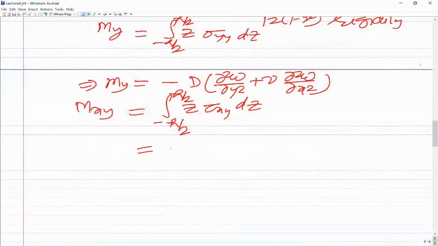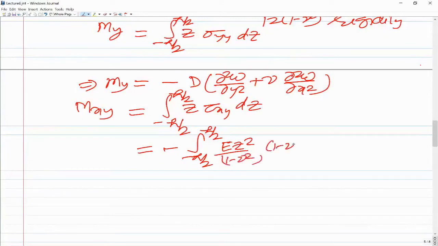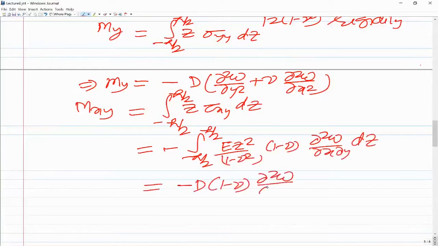So this can be written as minus the integral from minus h by 2 to plus h by 2 of Ez square upon 1 minus nu square into 1 minus nu into del 2w by del x del y dz. So you will see that this can be written as Eh cube upon 12 into 1 minus nu square. So this is minus D into 1 minus nu into del 2w by del x del y. So this is Mxy, the moment resultant Mxy.